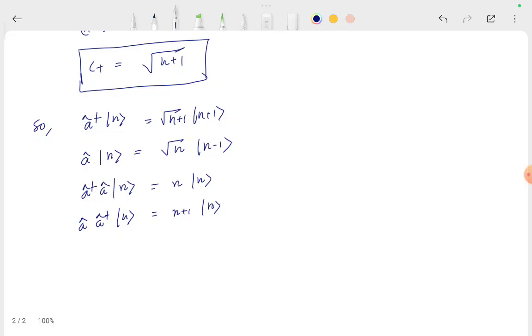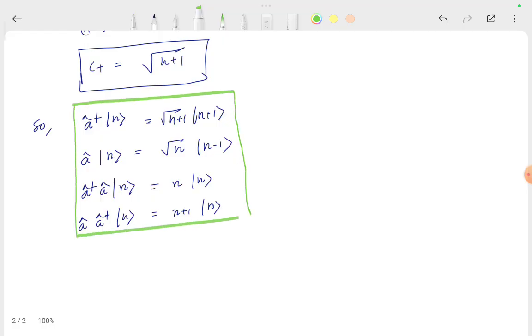So please remember all the values in detail. It is very important for your exam purpose.